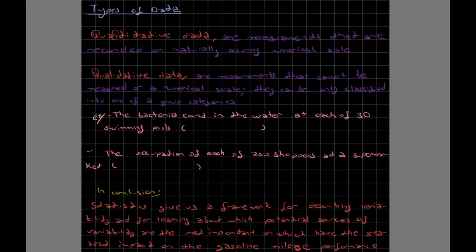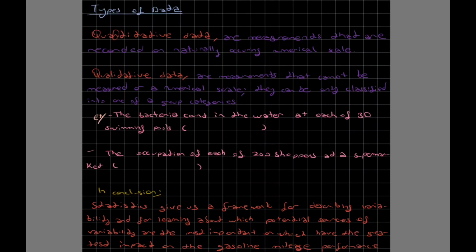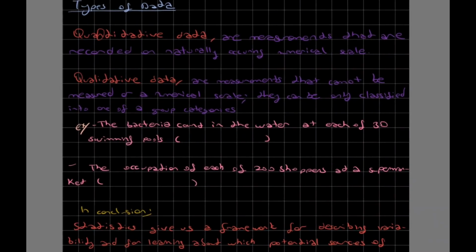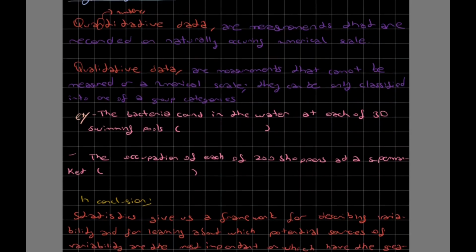Types of data: quantitative and qualitative. Quantitative is nicel, qualitative is nitel. When you get confused, I have a trick if you want: think of the number, and you can understand quantitative.